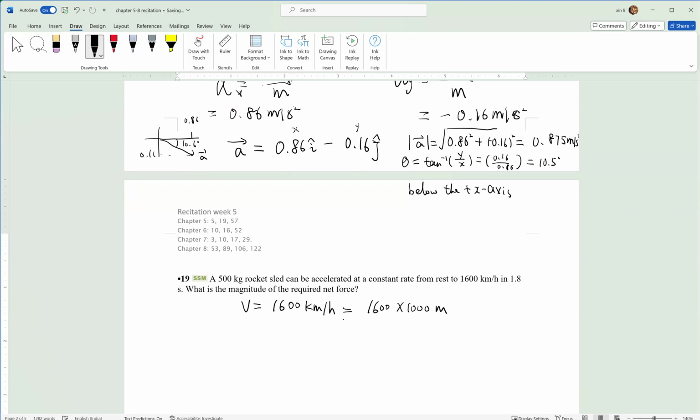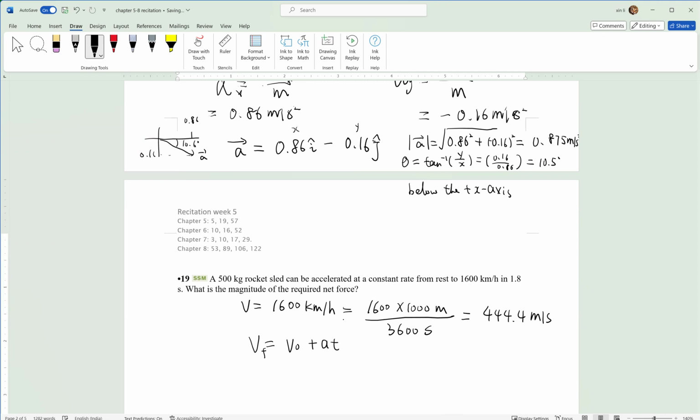You are going to get this in meters and divided by 3,600 seconds in an hour. So after that, you are going to get 444.4 meters per second.